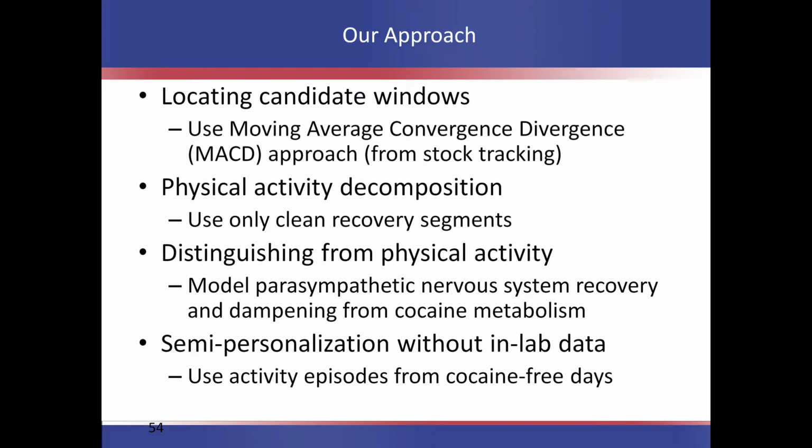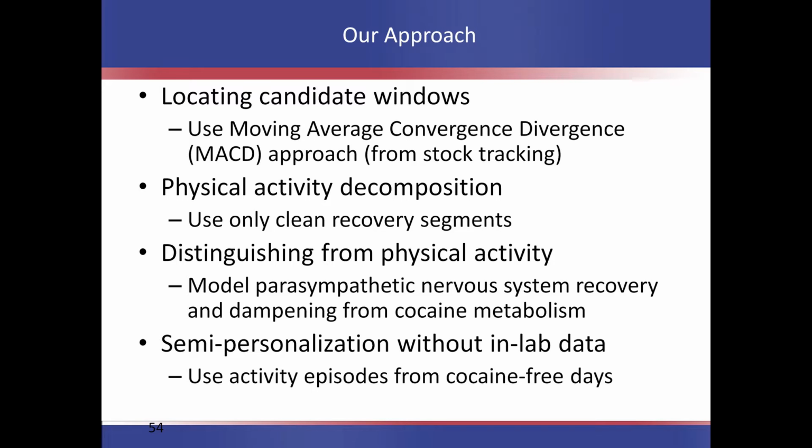So the first task is to locate the candidate windows. So what we use is something from stock trading. If you look at the Dow, you'll see lots of noisy variations of the stock price, and still stockbrokers are pretty smart, and they are able to figure out when the stock is on an upward trend and a downward trend. So that means they are able to locate the beginning and end of those valleys.